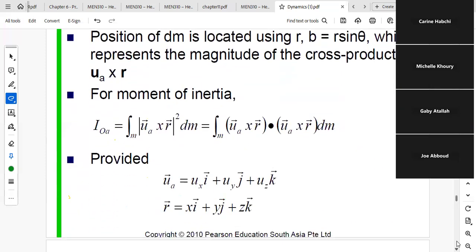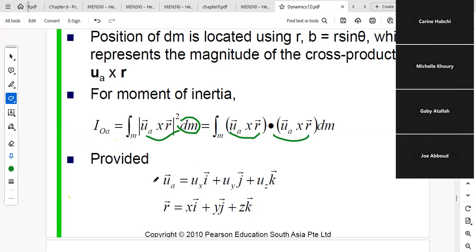Okay, so the idea is the following. All you have to do is develop a formula of the inertia about an axis. You know that the inertia about the axis is the integral of r squared dm. You can evaluate this r squared as the magnitude of UA cross r squared, which is equivalent to (UA cross r) dot (UA cross r).